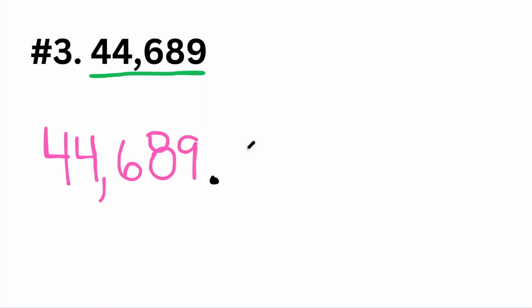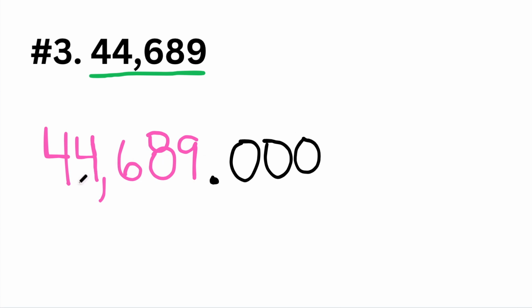Moving on to number 3, we are back with a large whole number. We have the number 44,689. So for this, I'm going to go ahead and write it in a bigger font, and I'm going to go ahead and add my decimal point to the last spot and my zeros following behind it, just to remind us that this is a whole number.